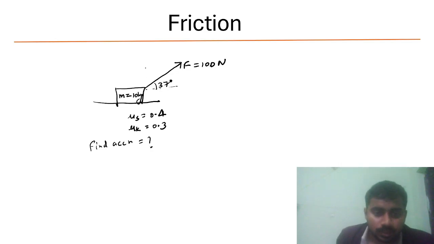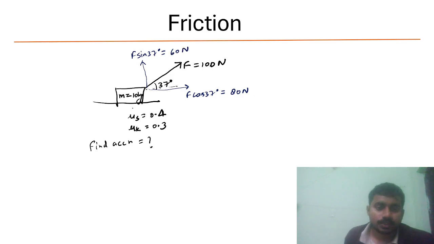First take the components of this force. In this direction, F cos 37 degree will be equal to 80 Newton. Here is F sin 37 degree, and that will be equal to 60 Newton. We know that the friction is directly proportional to normal, so we need to find the normal force here.